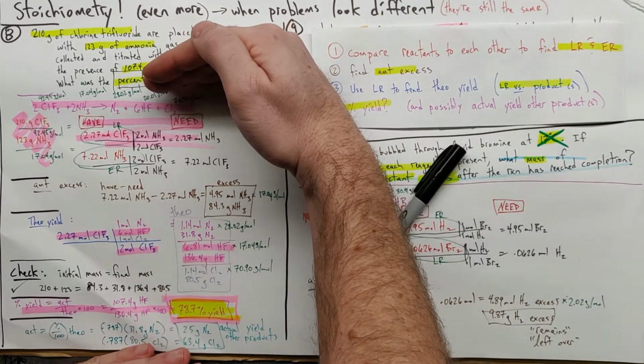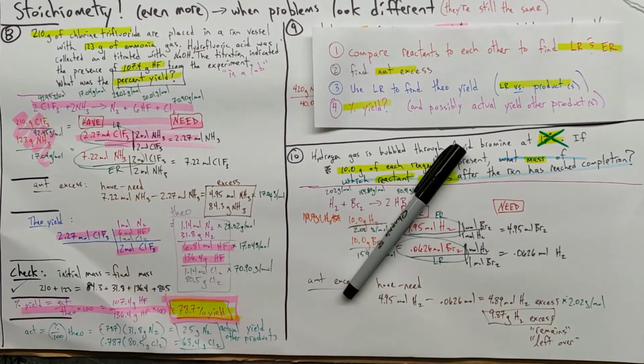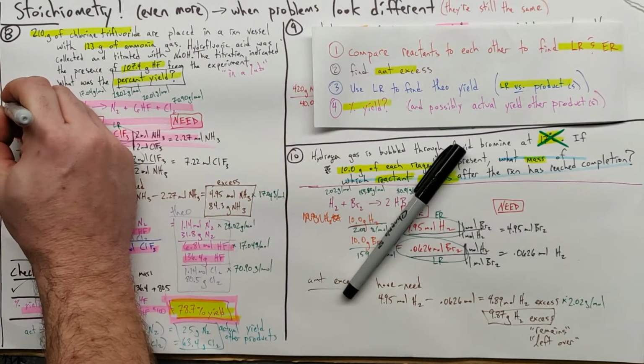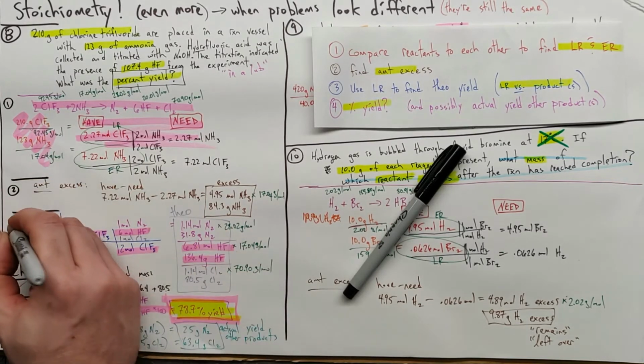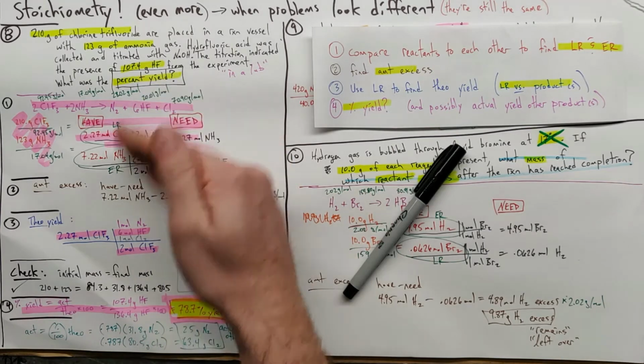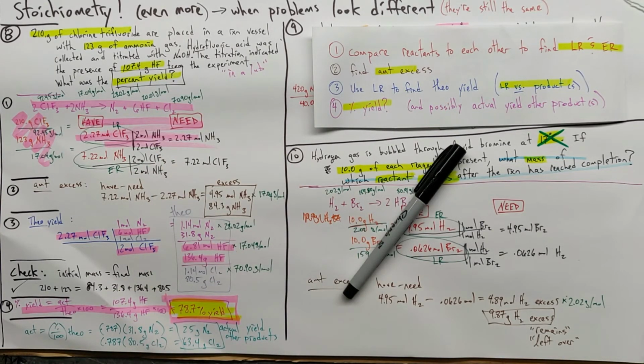It will always be able to give us everything we need, but sometimes you don't need to do all of it. And with some practice, you can cut out steps. This was our step 1, 2, 3, and 4, more or less. All right, so the stuff I highlighted in pink is the bare minimum that could have been done to do this, which is a lot less than what we did. But by doing the amount excess, we were able to check and make sure we did it right, and we can get an actual yield of the other products if we needed to.